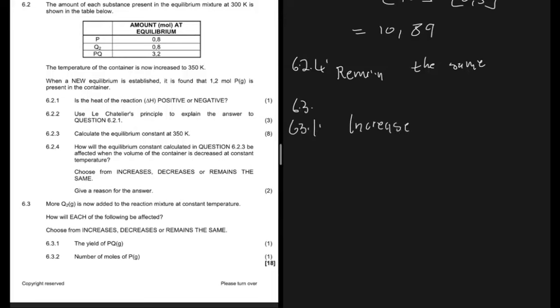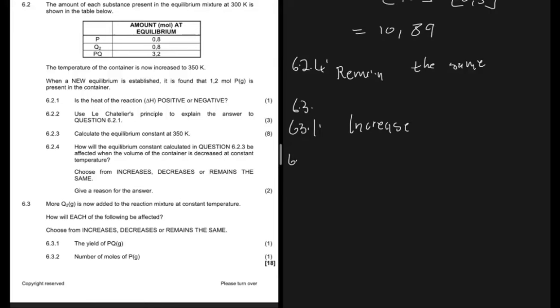Because if we increase the reactants, then the forward reaction will be favored so that we can establish our state of equilibrium. So the yield of PQ will increase. Basically what I'm saying is that if you increase the reactants, then the yield of the products will increase.